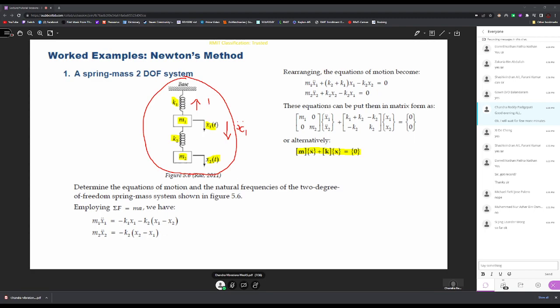So this will be k1 x1. But there is a spring k2 also connected to m1. For the spring k2, the displacement will be x1 minus x2.